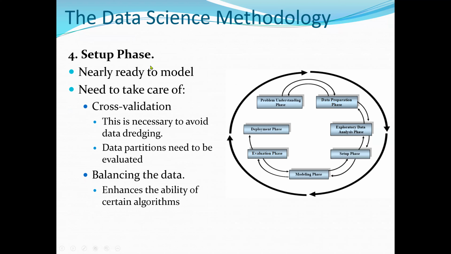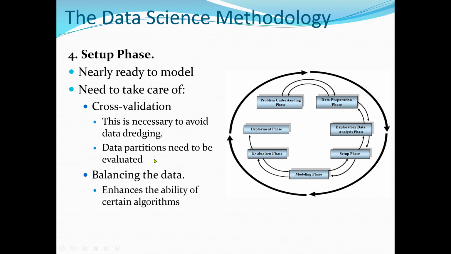Then we have the setup phase. This is where we're almost ready to start our modeling, or to start the process of data analysis, where we are going to apply the machine learning algorithm on the data. So nearly ready to model, we need to take care of a few things. We do our cross-validation. This is necessary to avoid data dredging.